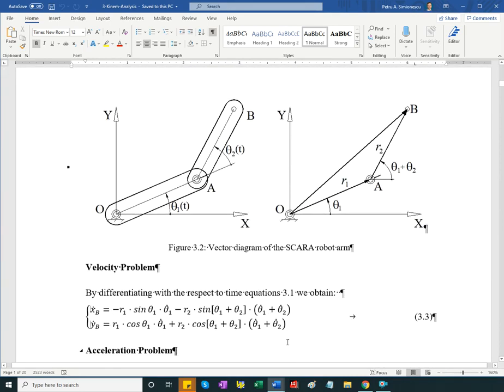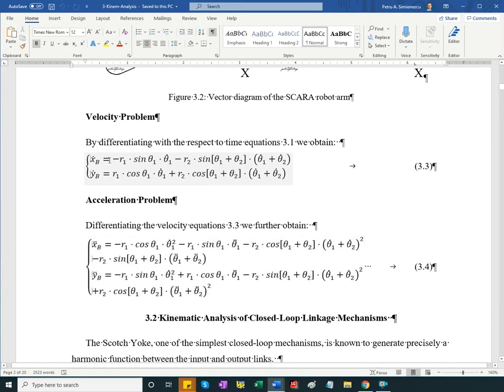So that's the position. If you know theta 1 and theta 2, you plug them in and get the xB and yB. For velocities, we take the time derivative of the position equations, and cosine turns into negative sine.